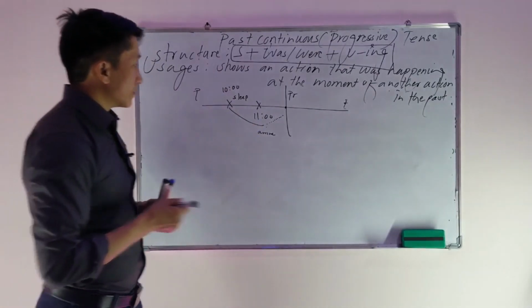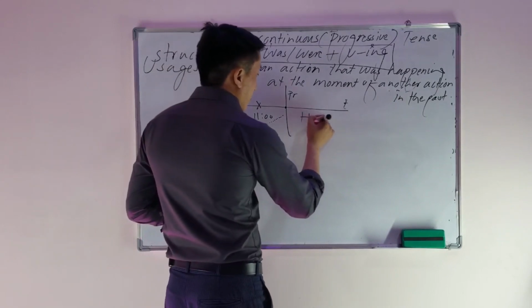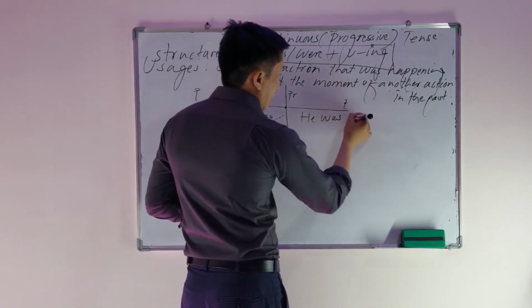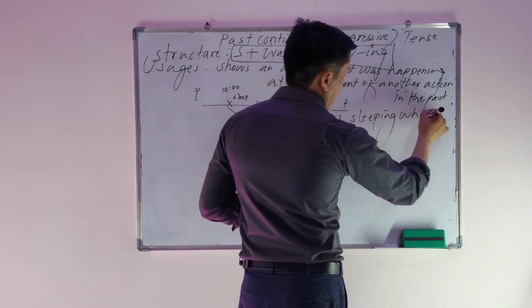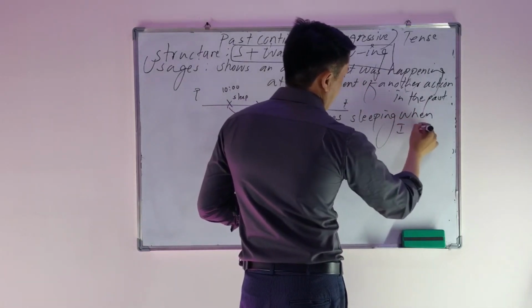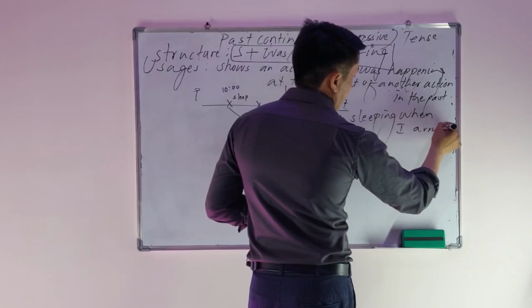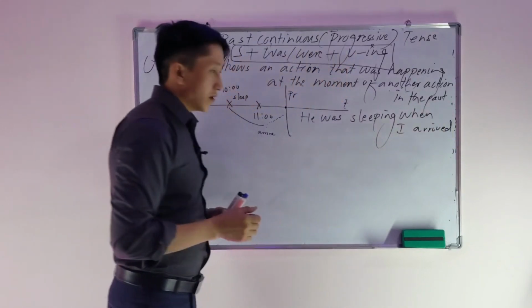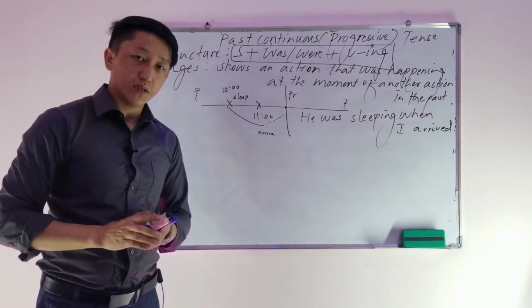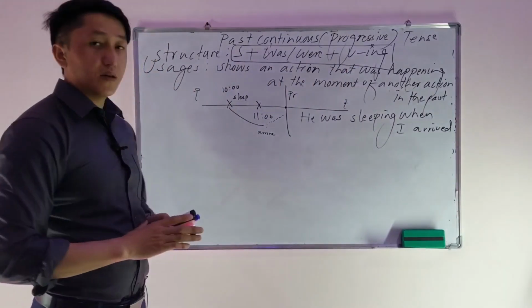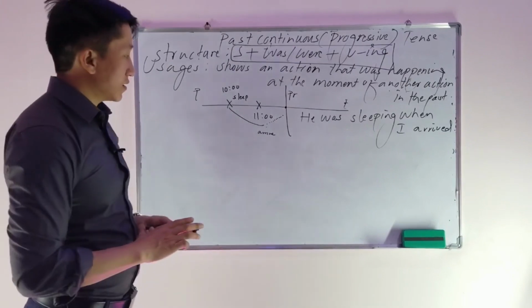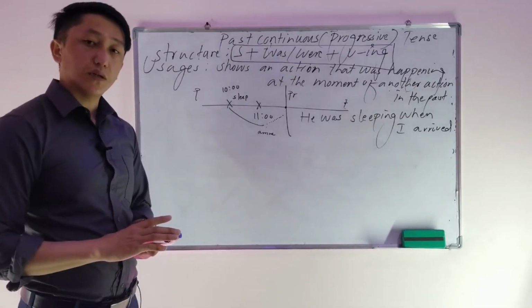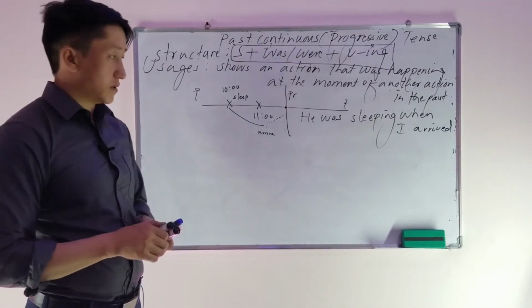For example, we can say he was sleeping when, for example, I arrived. I arrived at 11 o'clock, he started sleeping at 10 o'clock. Now when I arrived, he was sleeping, and his sleeping actually continued after that too. We can use what tense here? Past continuous tense.